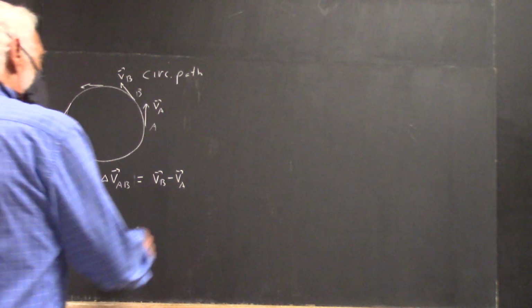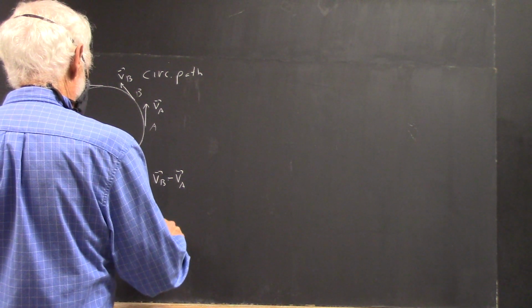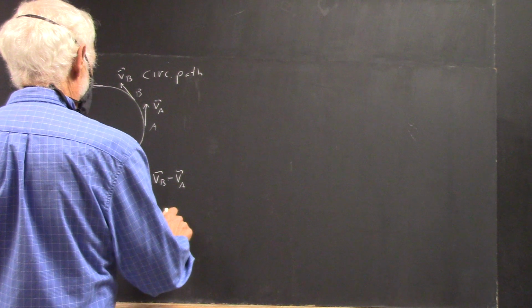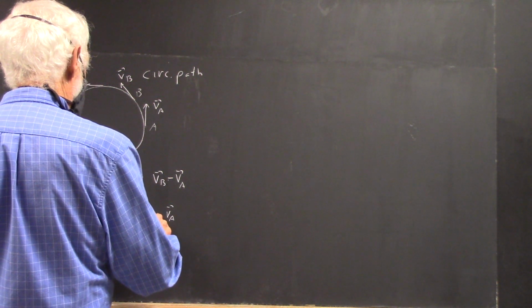And we can picture this. So here's vA, and here is vB.